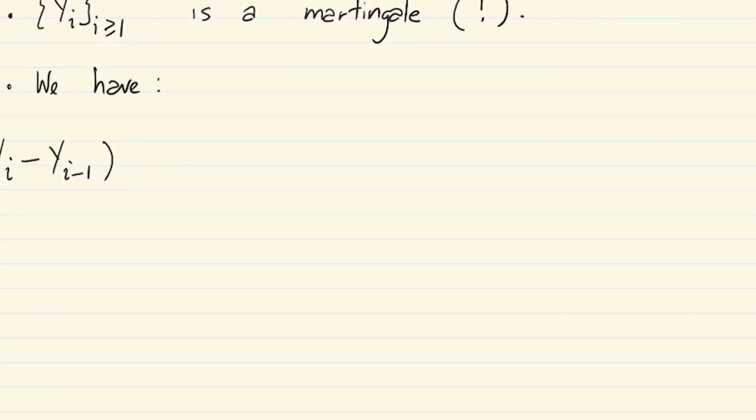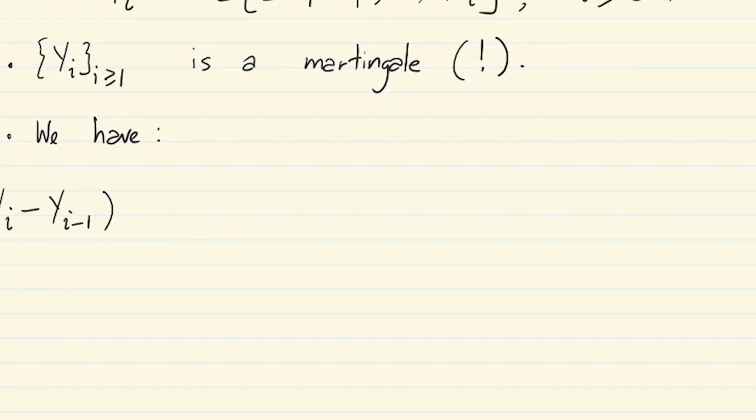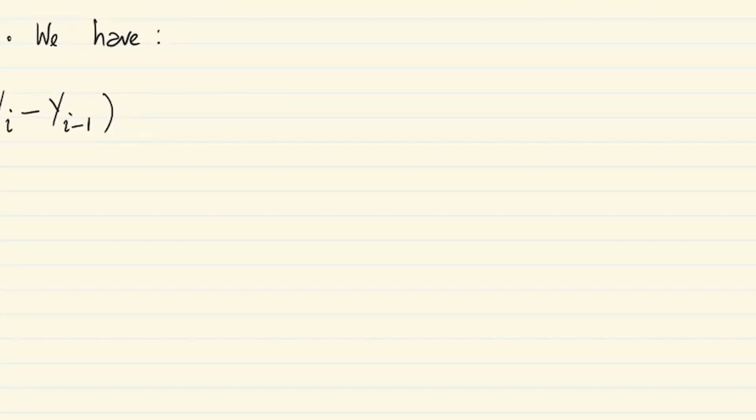So let's consider the difference Yi minus Yi minus 1. Now let's think of this as a random variable. Of course all the random variables Y depend on the basic random variables in this probability space, which are x1 through xn. So let's think of this difference as a function of the basic values of all the random variables, x1 through xn.